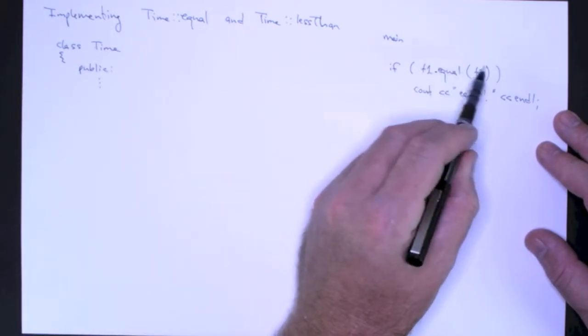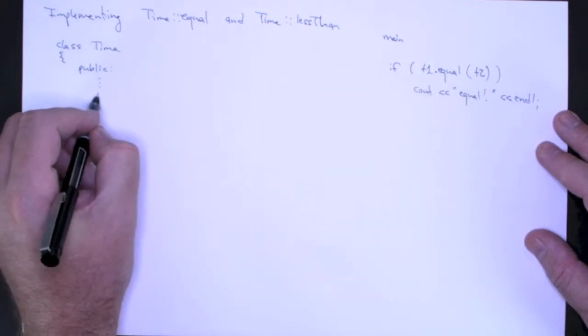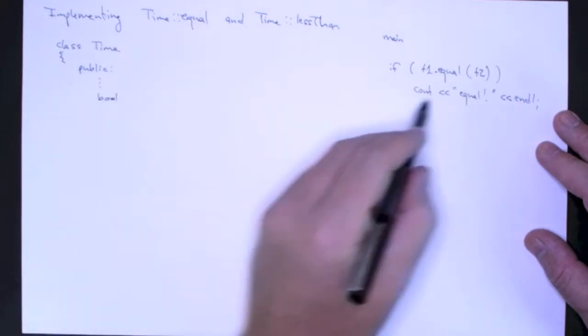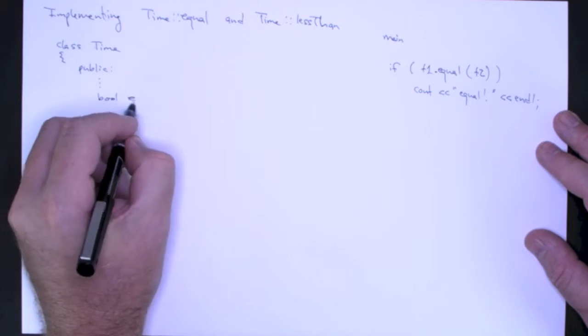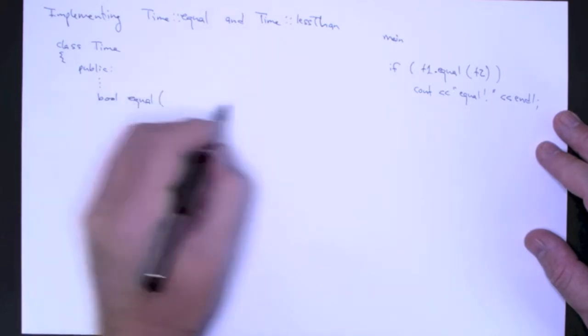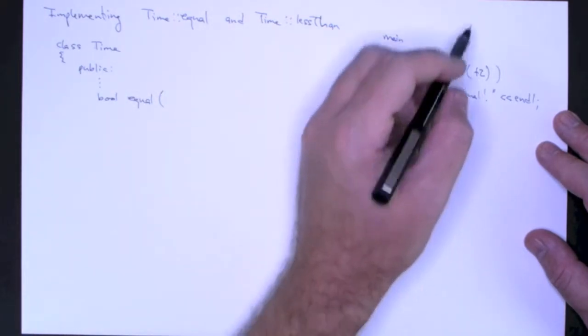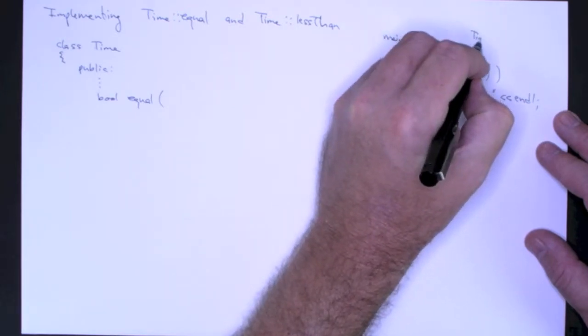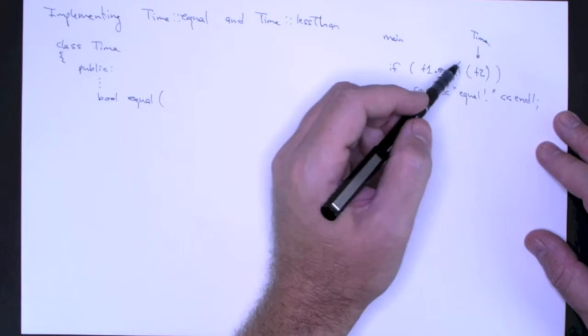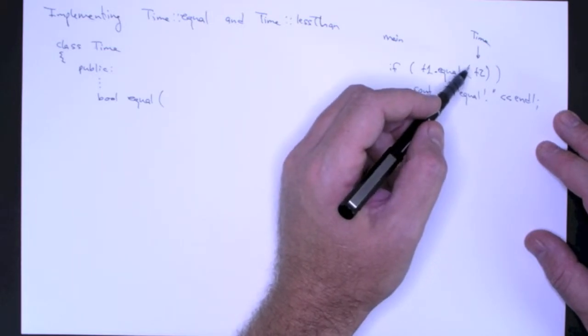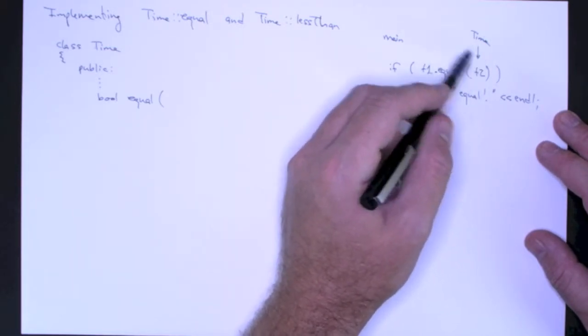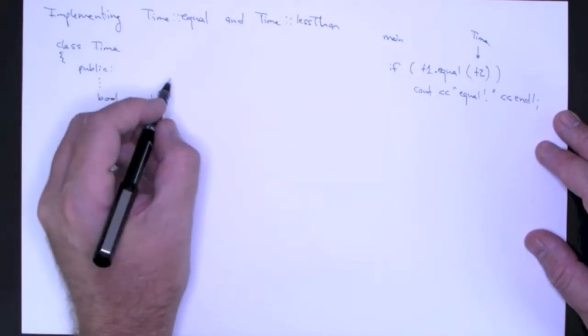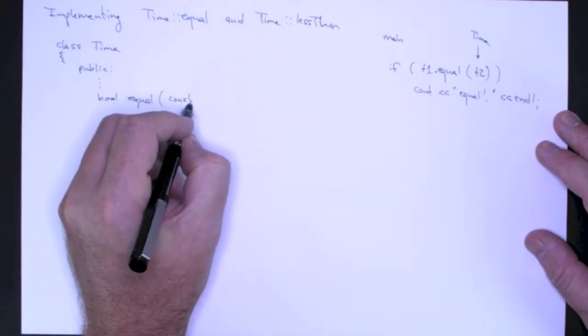First of all, it evaluates to a Boolean, so the return type is bool. The name of the method, of course, is equal. And I'm passing in a time object, T2. Again, for the same rationale I discussed with the add method, instead of passing this by value, I want to pass it in as a constant reference.